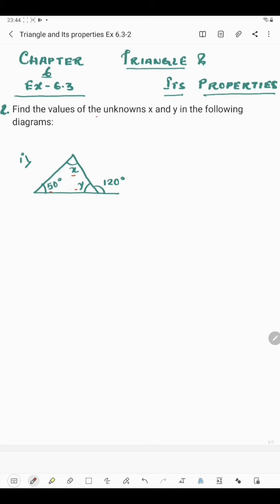Now there are many ways we can do this. At first we can see that this y and 120 degree form a linear pair, because since this is a straight line, the sum of these two angles is 180 degree. So y plus 120 degree is equal to 180 degree, and we will have to write the reason also, that it's linear pair.